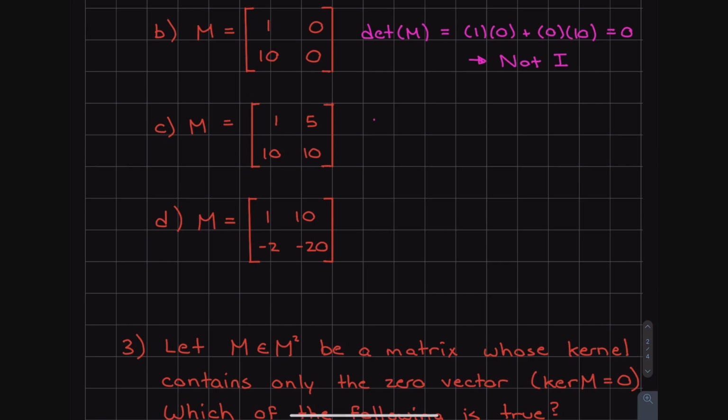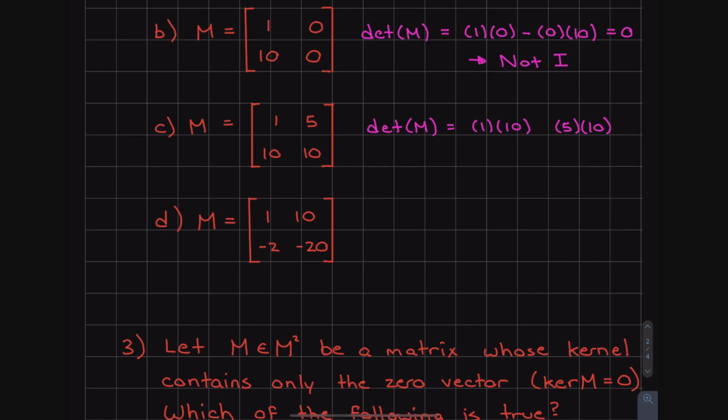All right, moving on to part C, we're going to have the determinant of M. Again, it's the exact same scenario, and it's the same in 3D. You just find the determinant. So in this case, we got 1 times 10 plus 5 times 10. Or sorry, why am I going plus? This should be minus.